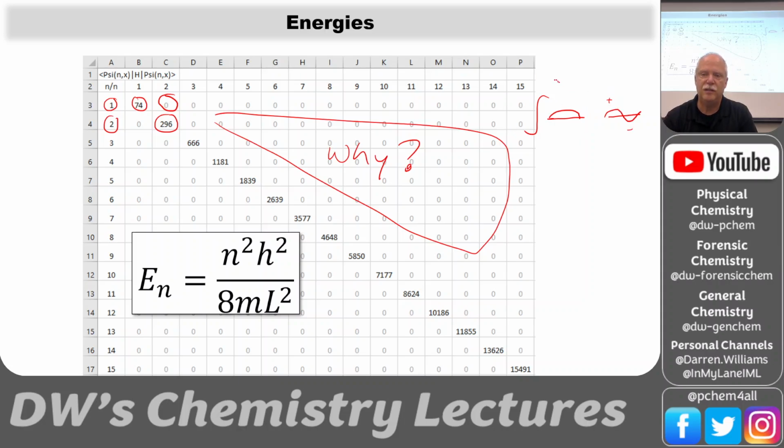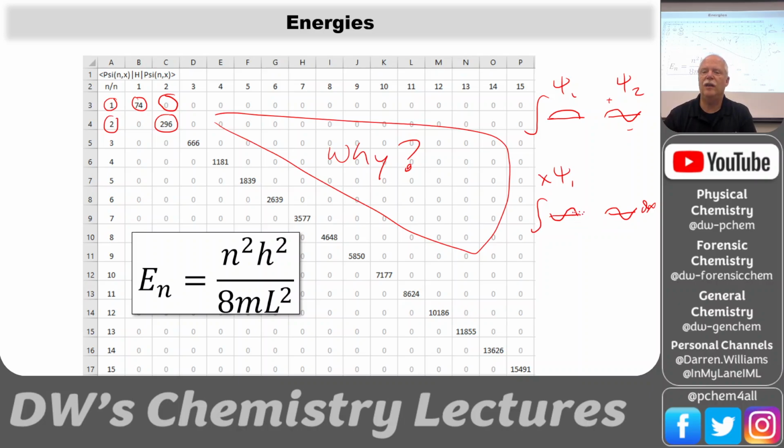But now, so this is psi 1, this is psi 2. If I take x times psi 1, it now looks like this, it looks the other way. Then I'm going to multiply that by psi 2 and integrate over all space. And now look how similar they look.